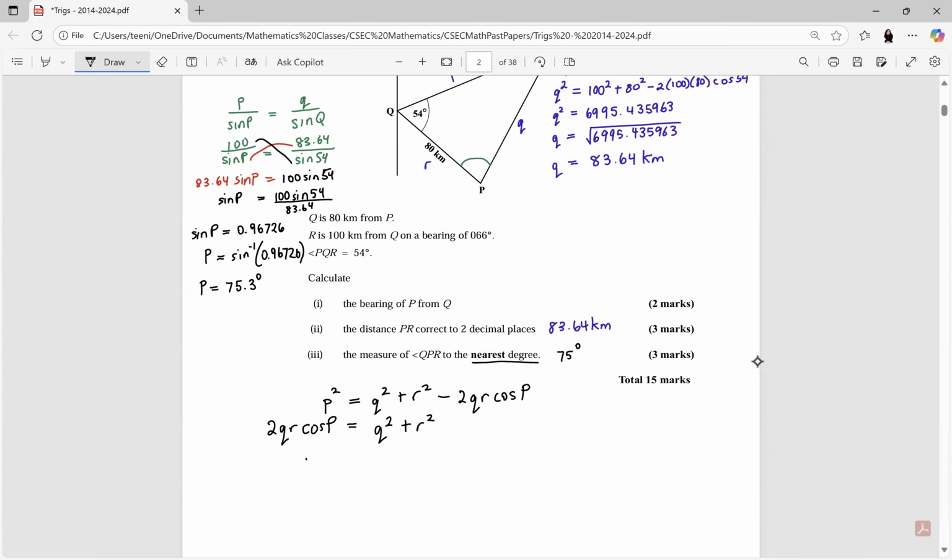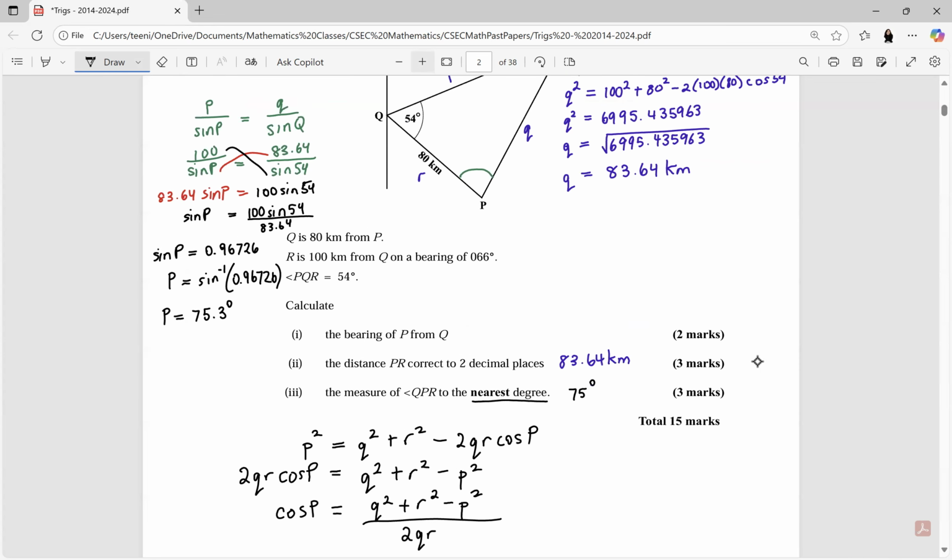Oh, sorry, I was supposed to put minus P squared up here because I moved P squared from the left-hand side to the right-hand side. So I'll have to minus it, right? So cos of P is equal to Q squared plus R squared minus P squared, all divided by 2QR. So let's substitute our values into the formula and see what we get.